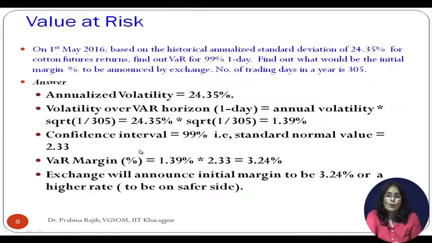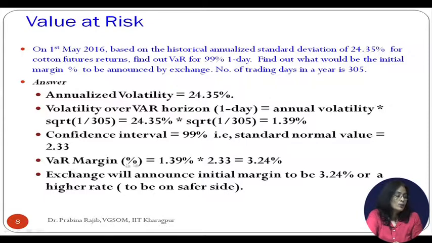And the important assumption here is that the futures price or futures returns follow a normal distribution. That's a very, very important assumption we are making here. So based on that, we are finding the standard normal value for 99% confidence interval, which comes to 2.33.